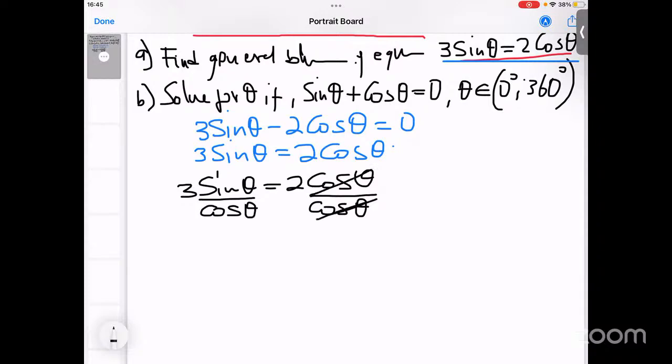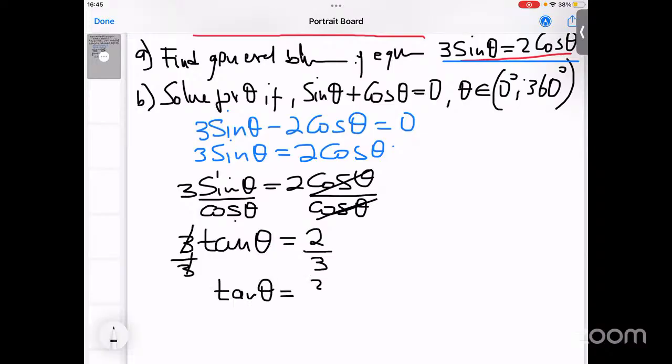But you do know very well that sine over cos is tan. So it's like you have 3 tan of an angle, which will therefore be equals to 2. Now let's detach this 3. So that means we will divide by 3 on both sides so that that cancels with that. And then you have your tan of an angle, which is equals to 2 over 3. So can you see? Now you have this simplified.